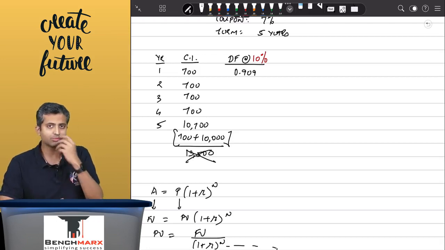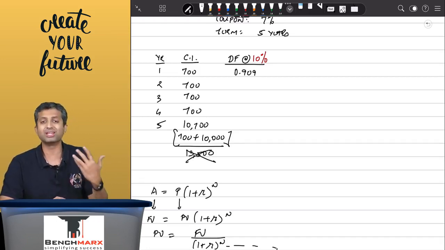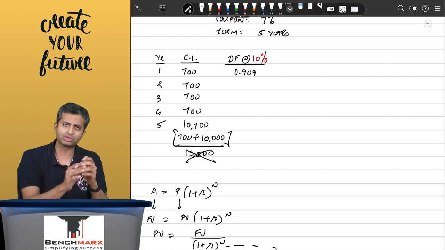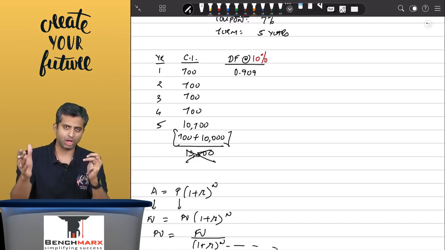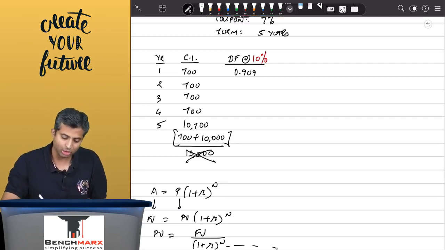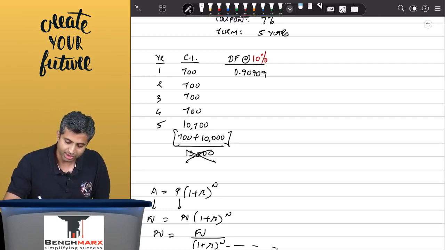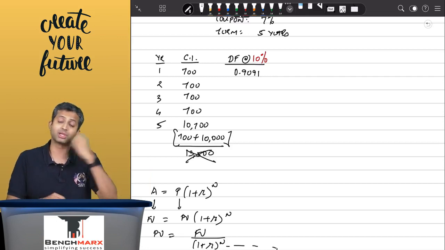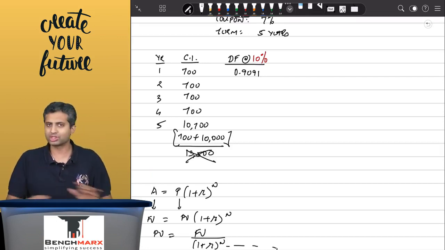0.90909. So here the question arises, how many decimals should you take? Ideally try to take 4 decimals. That is the safest, and you round off the 4th number, which means if the number is 5 or above, then like this is 90909, which means you will round off the 4th number and call this 9091. Some institutes also take 3 decimals, some take 2 decimals, but 4 is the safest.